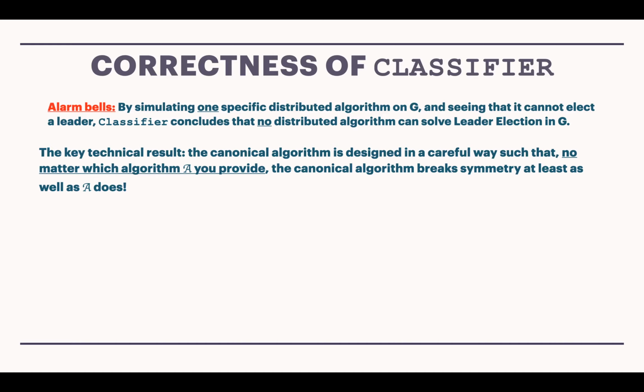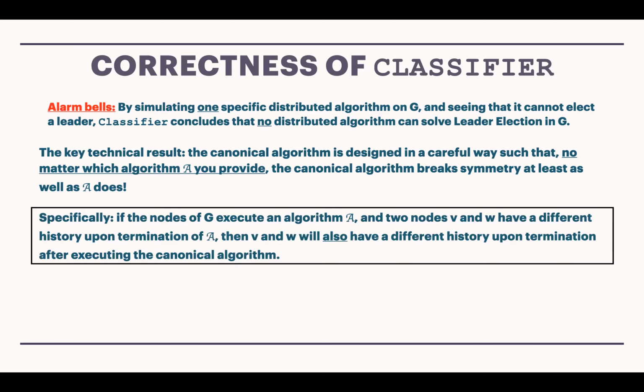More precisely, if the nodes of G execute an arbitrary algorithm A, and when A terminates two nodes V and W have a different history in the execution of that algorithm, then these two nodes V and W will also have a different history upon termination of the canonical algorithm. That's the key insight here: the canonical algorithm is essentially breaking symmetry at least as well as any other algorithm could.